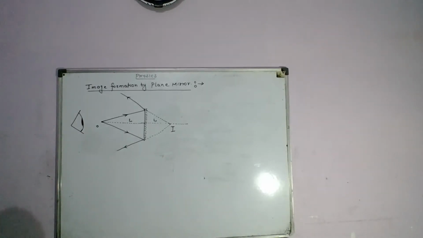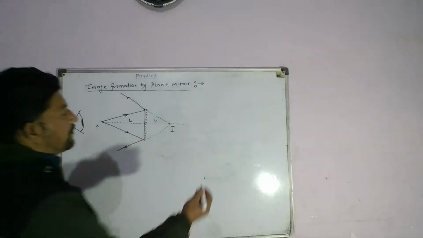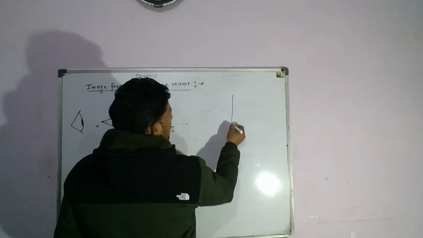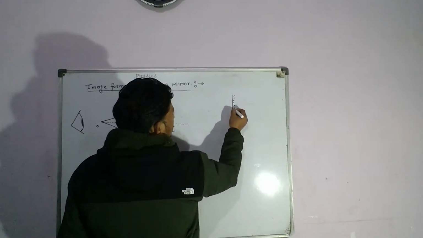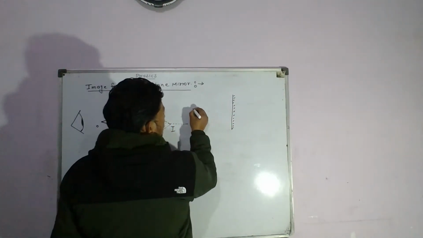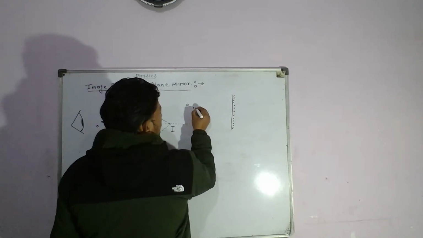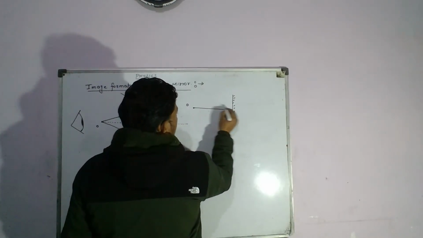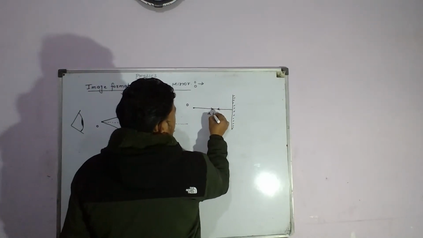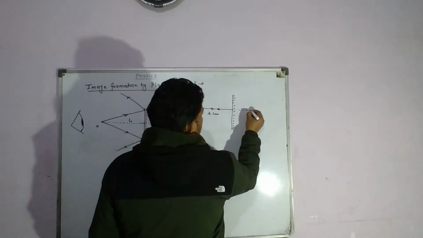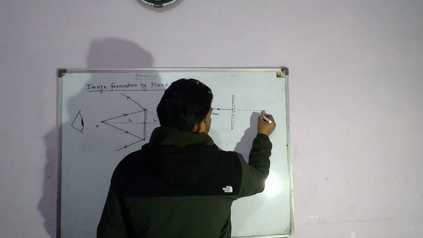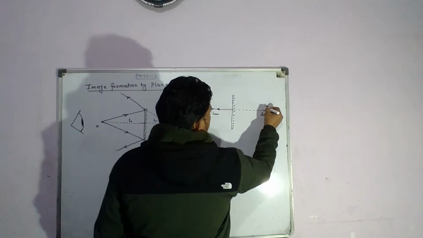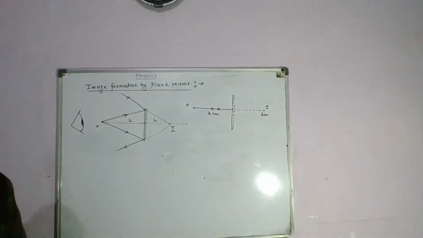Again, we take a similar example. This is a plane mirror, and you take the object at 2 centimeter. The imaginary image is formed at 2 centimeter. Remember this point.